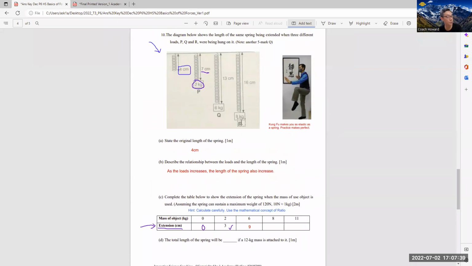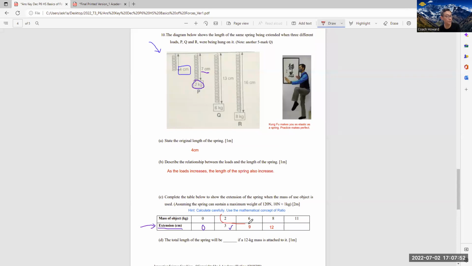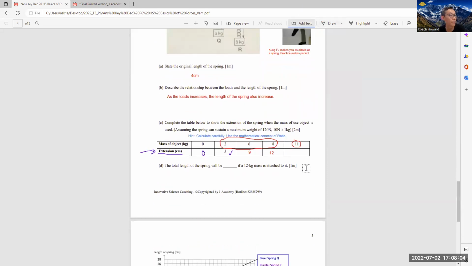This one is 8 kilogram, so 16 minus 4, 12. Notice the next number is an odd number, can you see? Because these are all even numbers. That's why there's a hint here: calculate carefully, use the mathematical concept of ratio. You can do the working here.